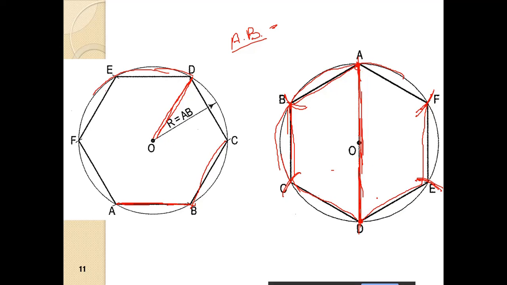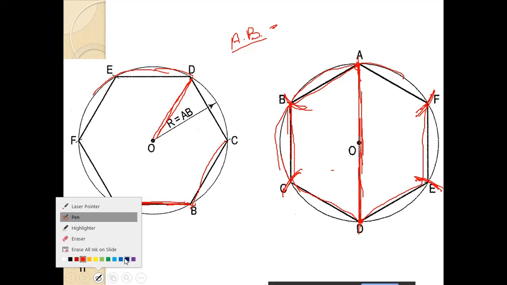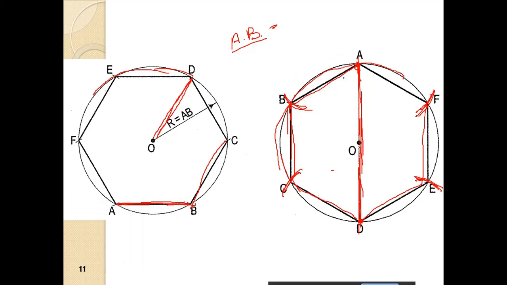All right, so you obtain the points A and D. Once A and D are obtained, you take A as the center and the edge length as the radius. All right, you mark points B and F. Then you shift the center to D. Now with D as the center, you mark points C and E. So you have the points A, B, C, D, E, and F, and you join them, and you get the hexagon.